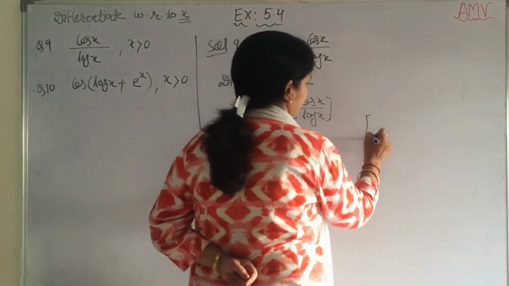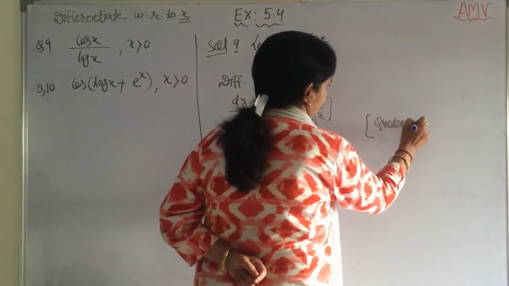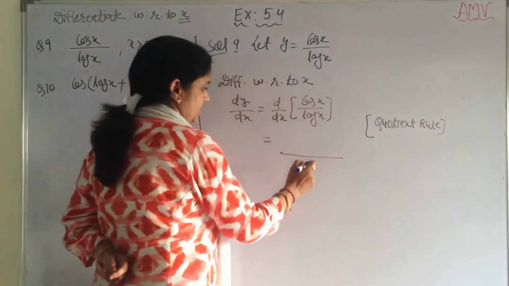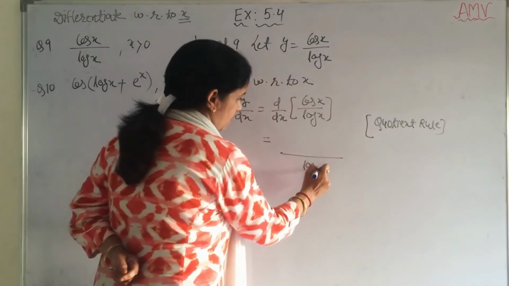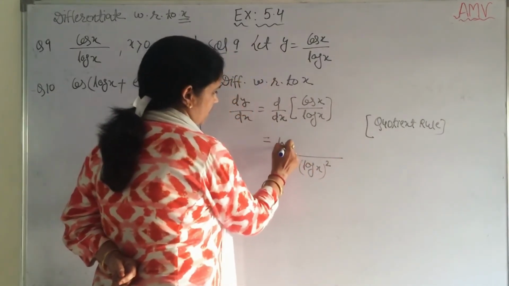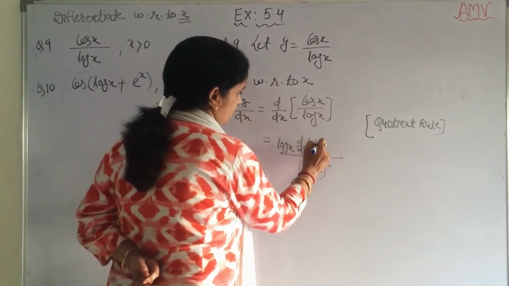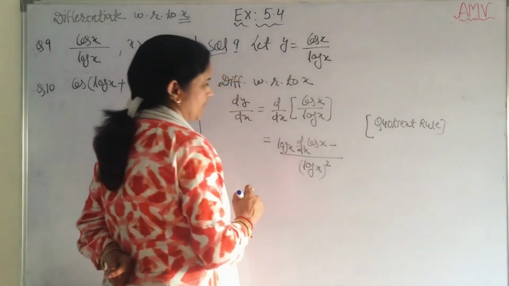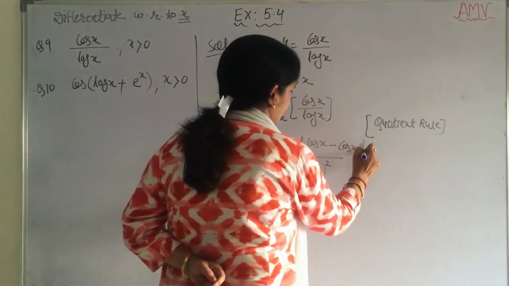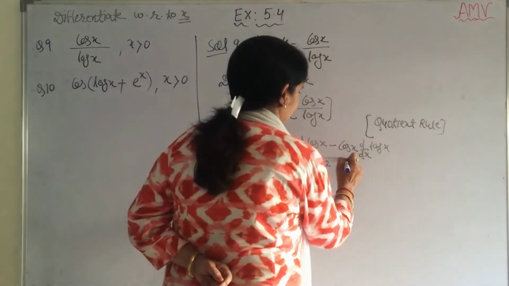We are applying here quotient rule. Okay. So it is (log x)². Here log x right as it is, d by dx of cos x, then minus, now cos x right as it is and derivative of log x.